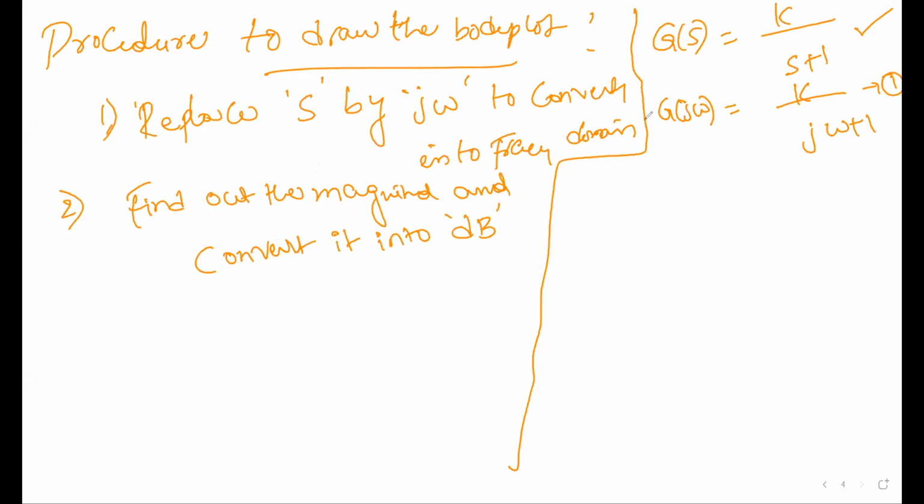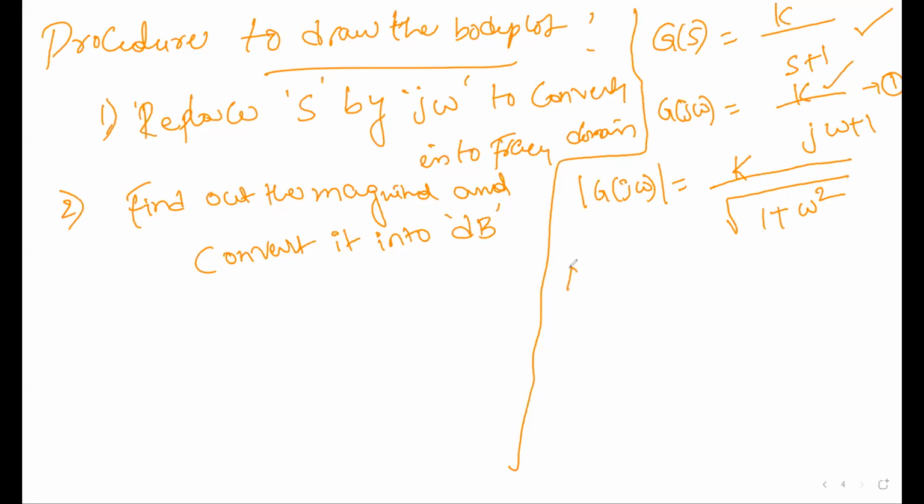So in the numerator we have the constant, so the magnitude is the same, K. Coming to the denominator, what is the magnitude of j omega plus 1? Tell me. It is square root of 1 plus omega square.